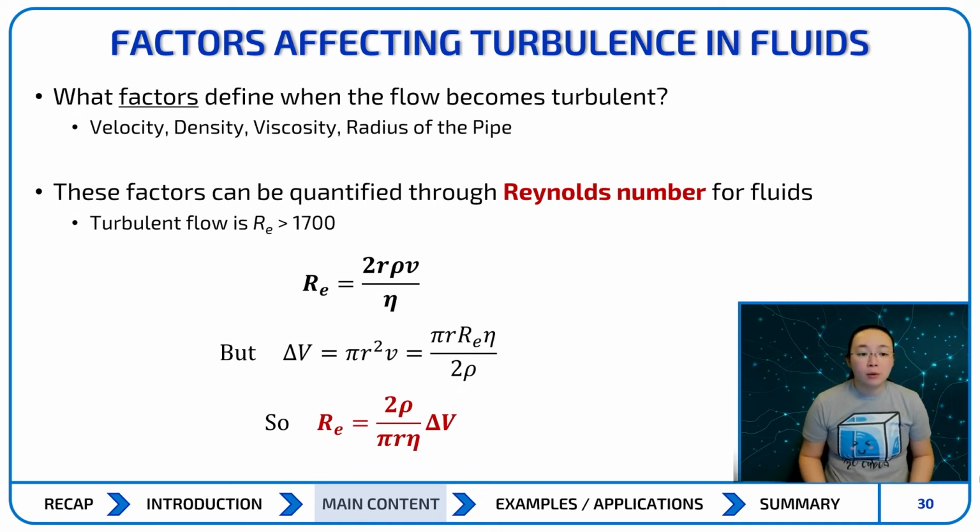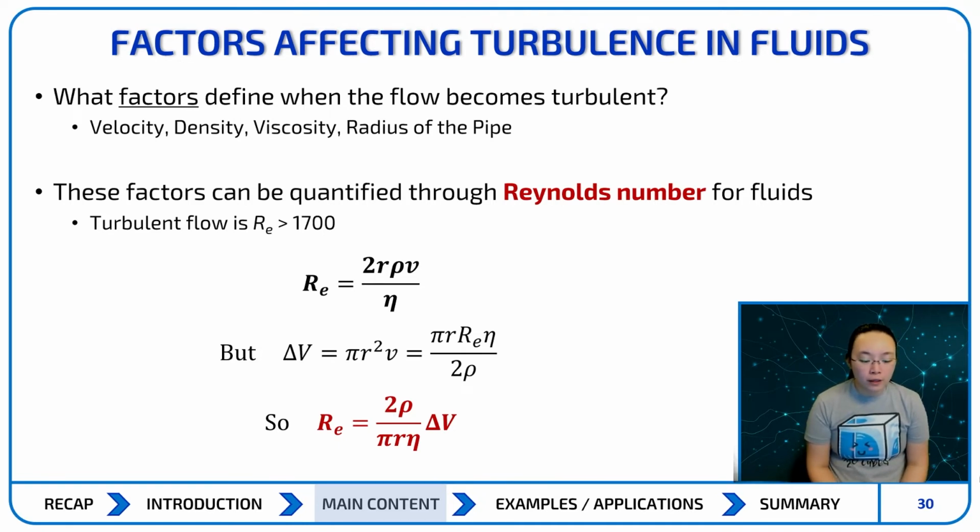These factors can be quantified through what's called the Reynolds number for fluids. With airflow, anything above 1000 is turbulent, but for fluid flow, anything above 1700 is turbulent. So just keep in mind those slight differences between the two. And of course, the equation for Reynolds number is a little bit different. You can just take a look at the red equation there.